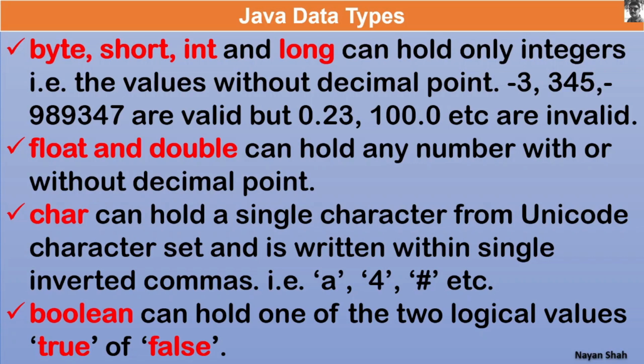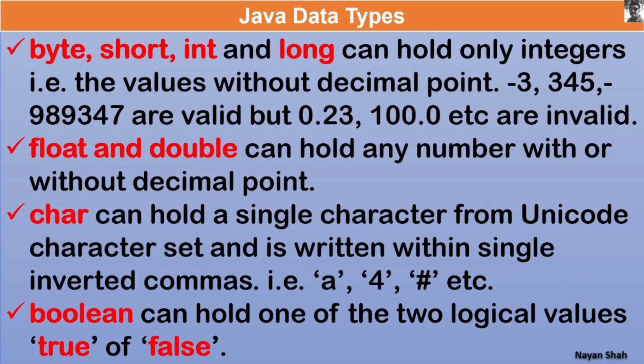But remember, it must be written within single inverted commas, and there should be only one thing within them. The boolean data type can hold any one of two values, either true or false. You cannot store anything other than true in small letters and false again in small letters, exactly like this, nothing else. So boolean can store either true or false.